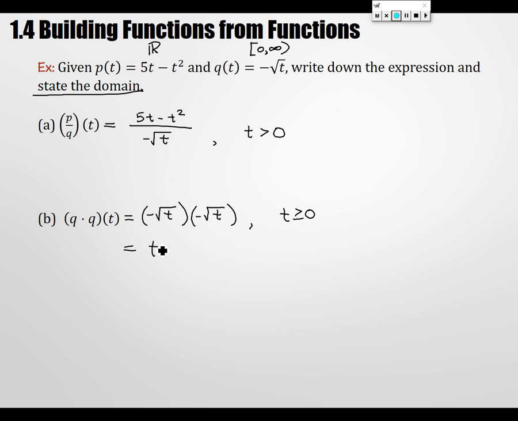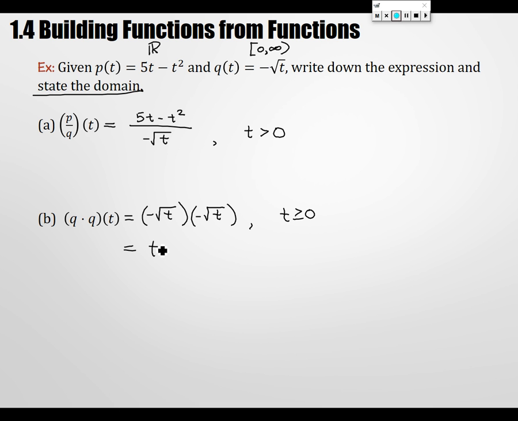Looking at this expression, I think it should be clear that t needs to be non-negative. Furthermore, if you want to see this on your calculator, type in y1 equals root x times root x. You'll see a graph of y equals x restricted to only the non-negative numbers, a little ray out into the distance.